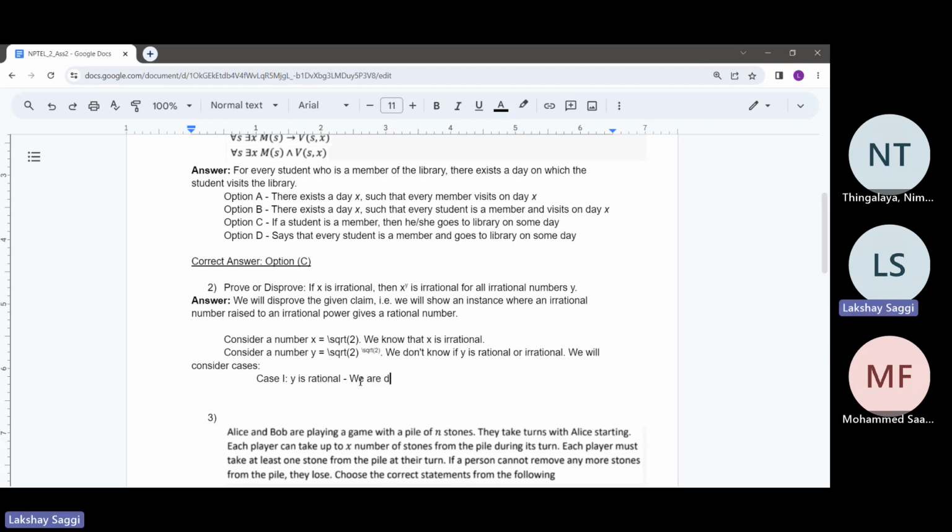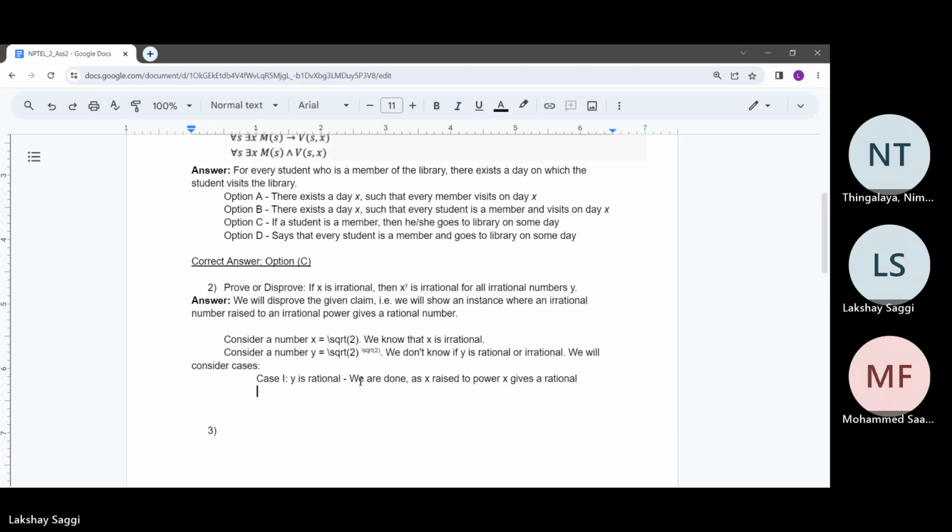So in this case, we are done, as we show that x raised to the power x gives a rational.